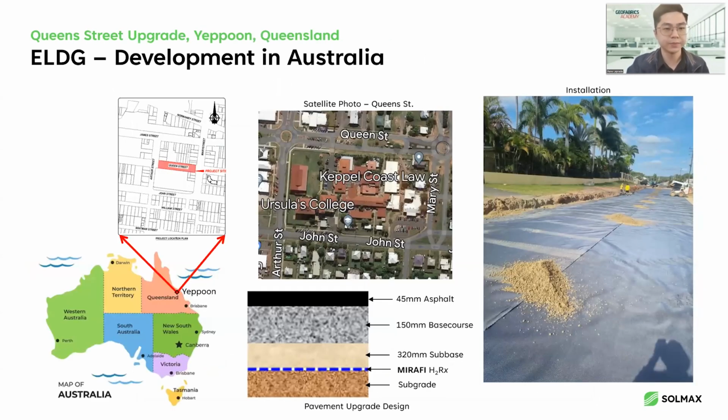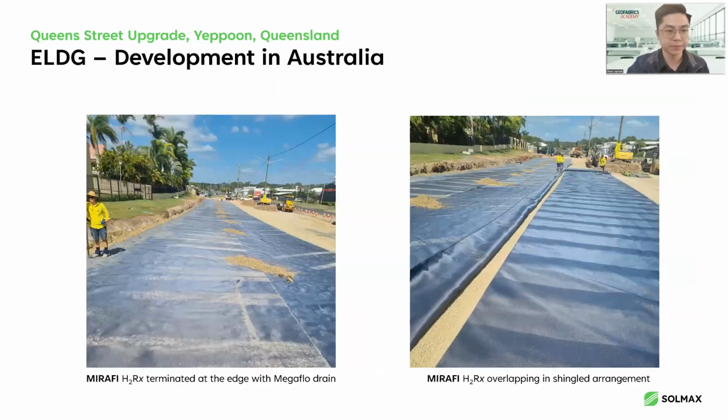So the second case study I would like to talk about is the ELDG used in Australia on a local street that required upgrade, and the client was pleased to use this kind of system to deal with the soft and saturated site conditions.